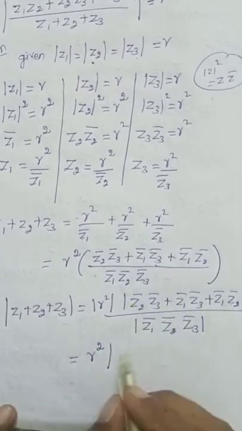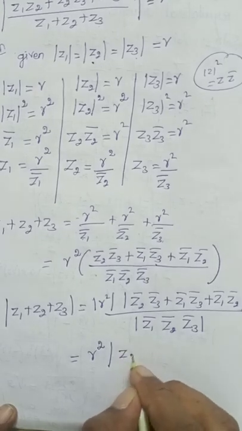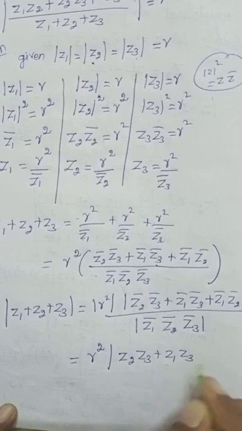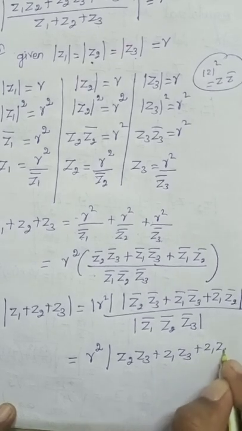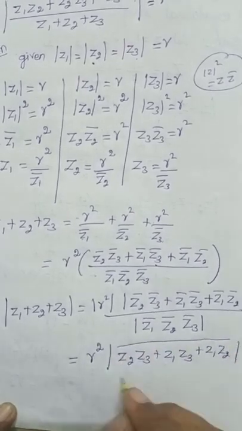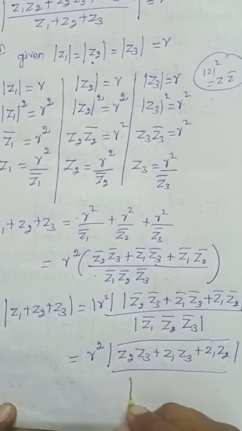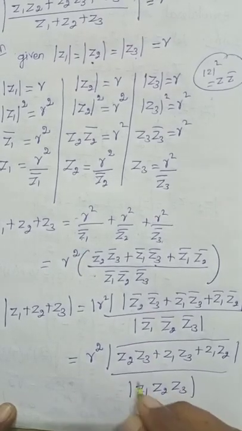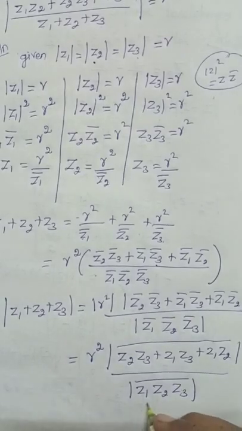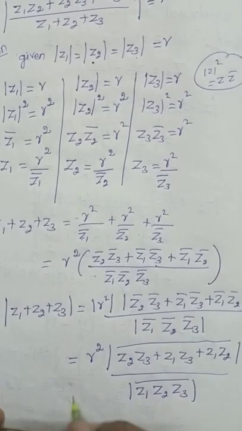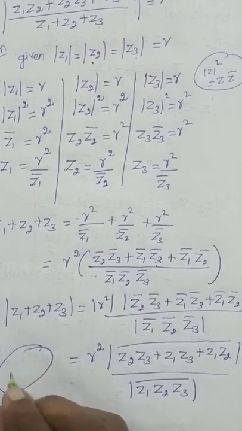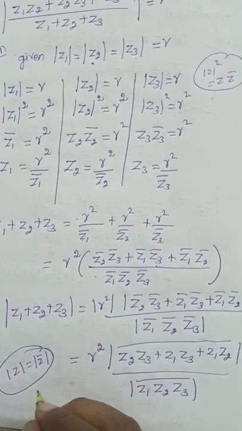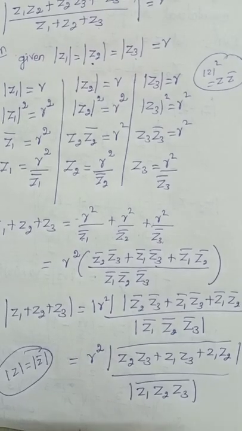See, this I am going to put together as a bar: Z2 Z3 plus Z1 Z3 plus Z1 Z2 the whole bar, divided by here also modulus Z1 Z2 Z3 the whole bar. Now we have the condition that modulus Z is always equal to modulus Z bar. So this bar can be removed.